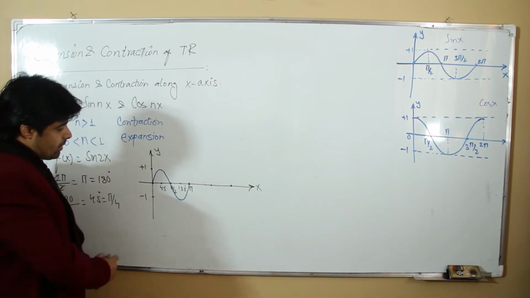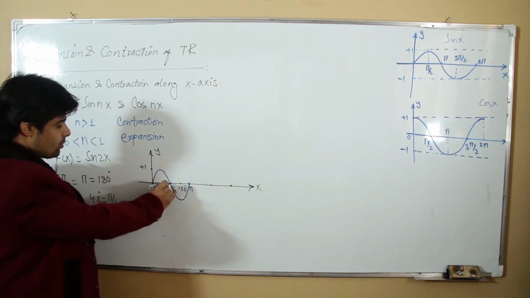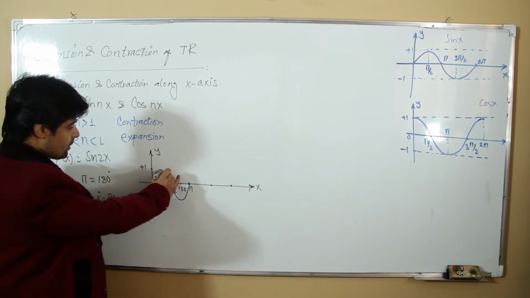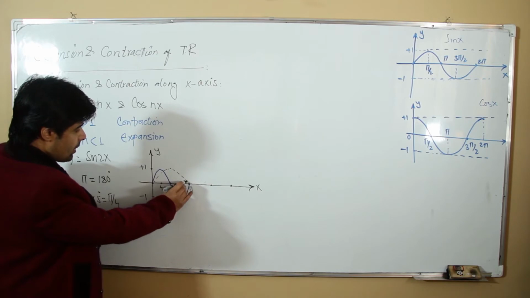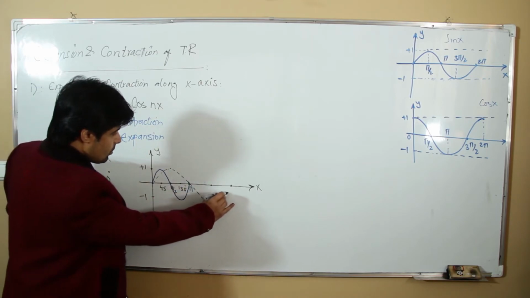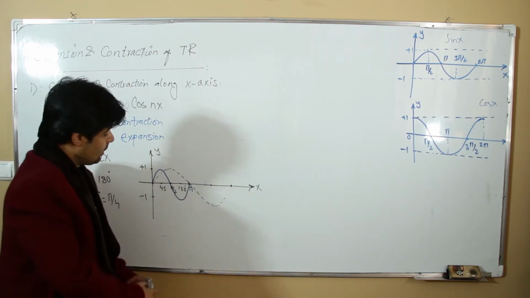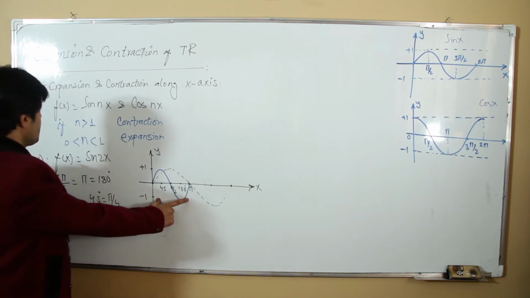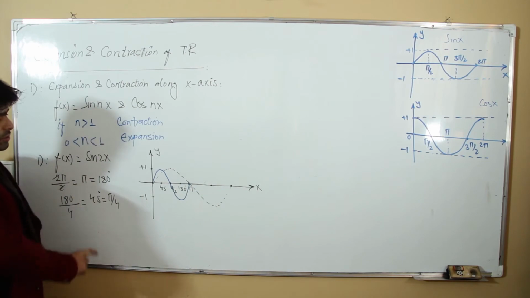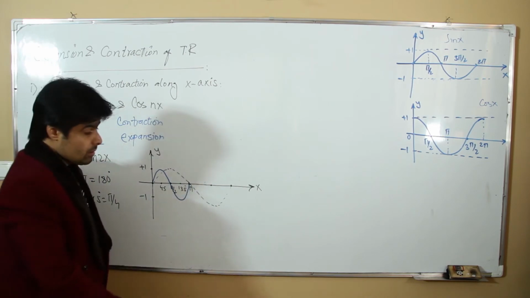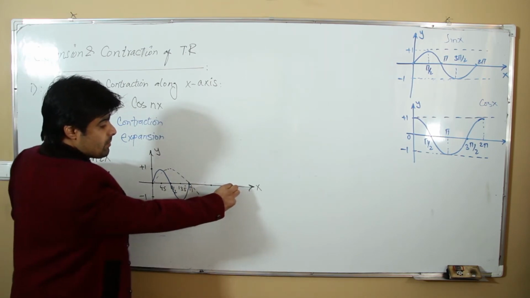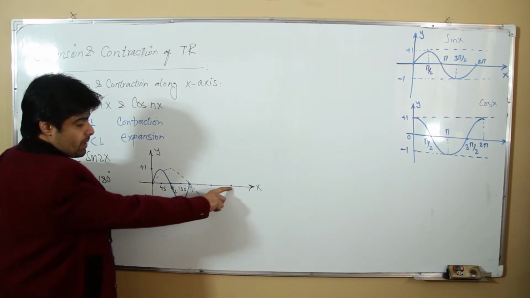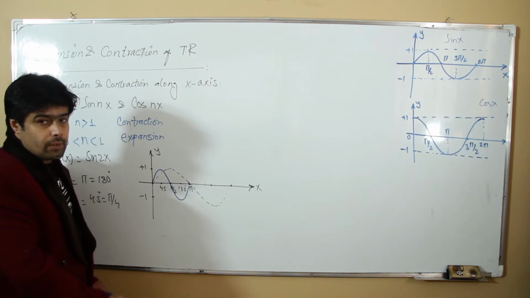Before, we had the graph like this one: 0, pi divided by 2, pi, 3 pi by 2, and 2 pi. Now, what do you think? Is this the contraction of the sine or expansion? I think this is contraction. It means you press this point up to pi.